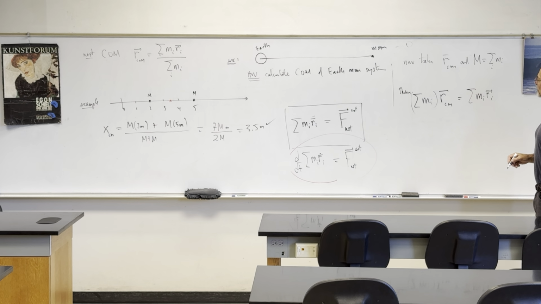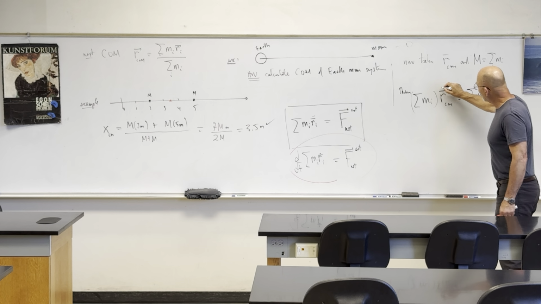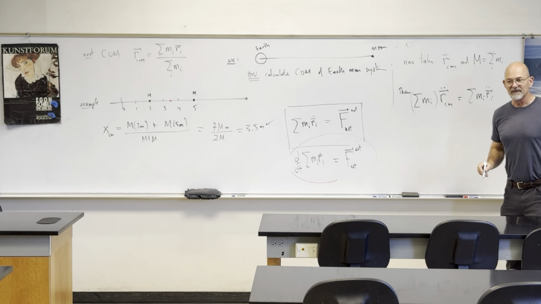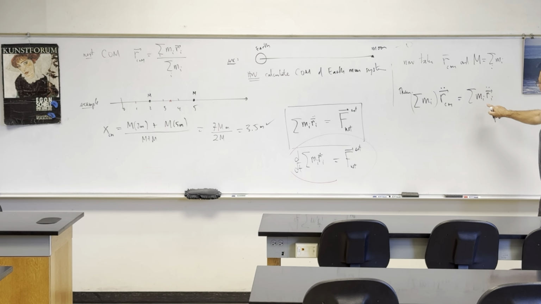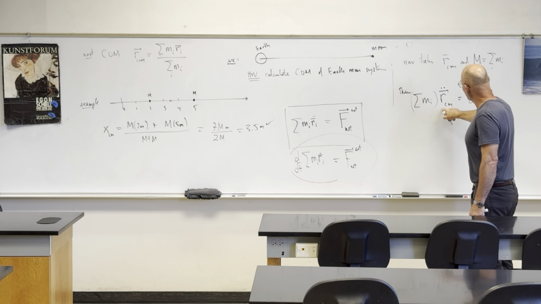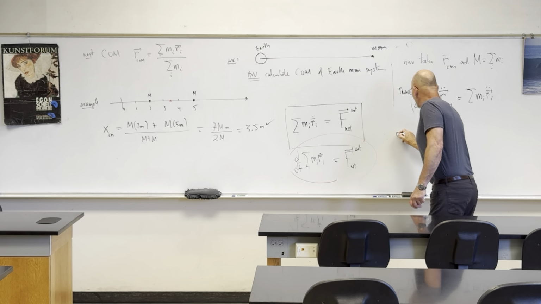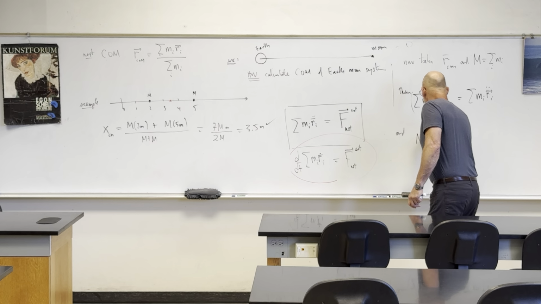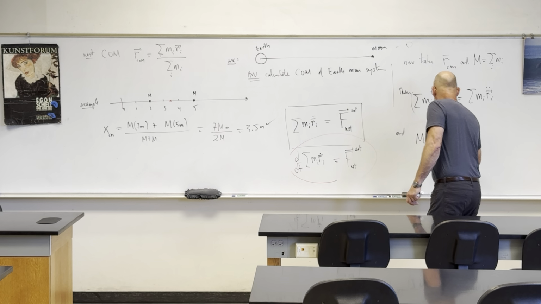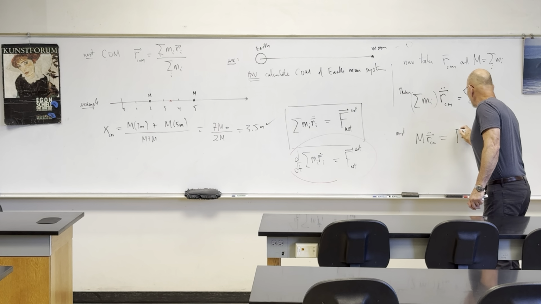And we can take two derivatives of this and not change anything. Now I can take the left side of this and I get capital M R center of mass, second derivative, is equal to the net external force.